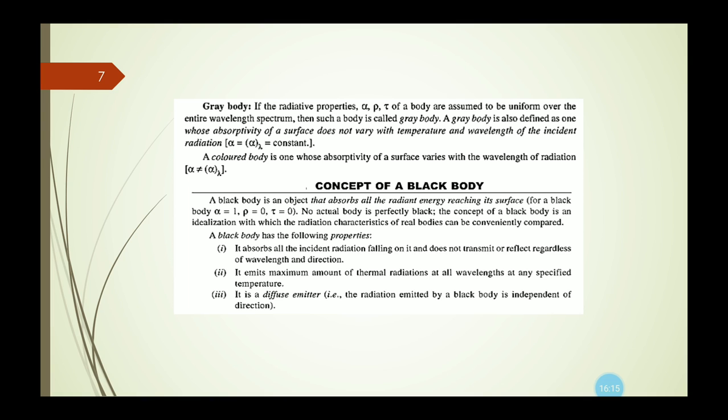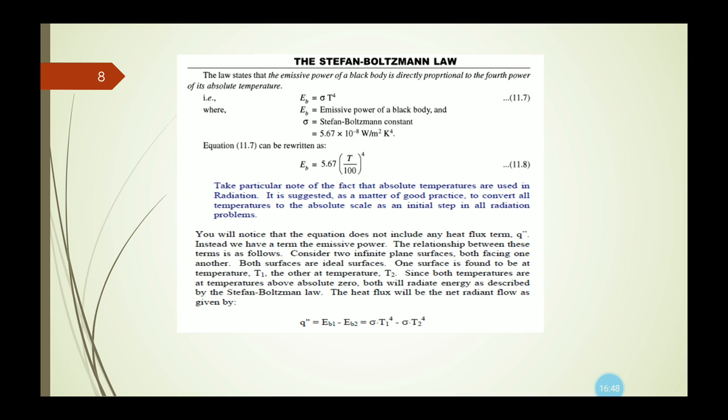But a black body has some properties: it absorbs all the incident radiation or irradiation falling on it, and it does not transmit or reflect regardless of wavelength and direction. It emits the maximum amount of thermal radiation at all wavelengths at any specified temperature. And this black body is a diffuse emitter. That is, the radiation emitted by a black body is independent of direction. So these are the different properties of a black body.